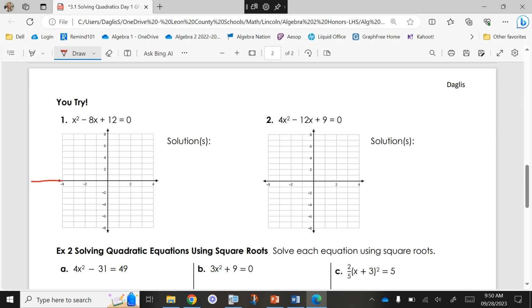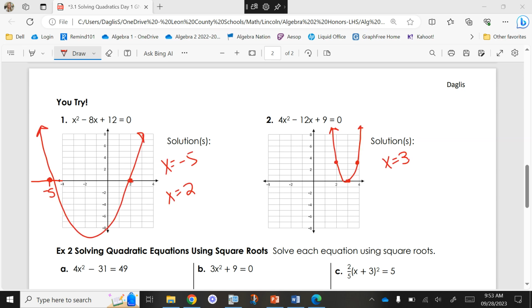So you're not wrong, because sometimes I try to make sure your graphs don't do that to you so you don't question yourself. So I apologize. So you're graphing 1 and 2, and you are finding the solutions to those. Check your work with mine.